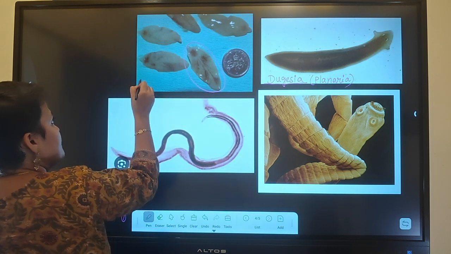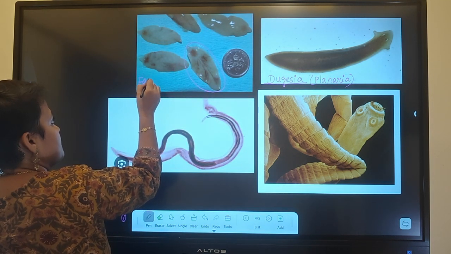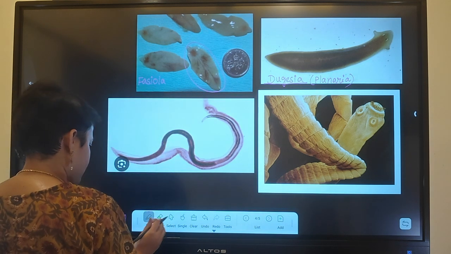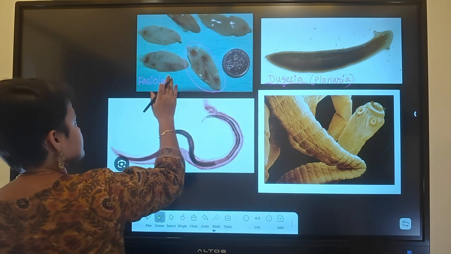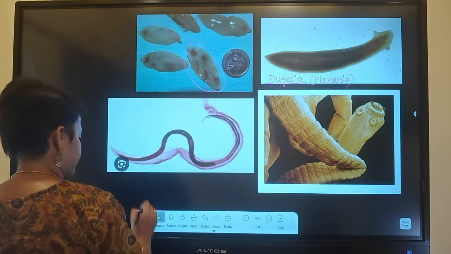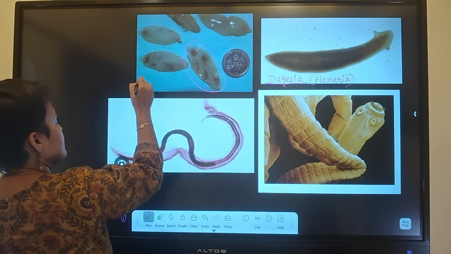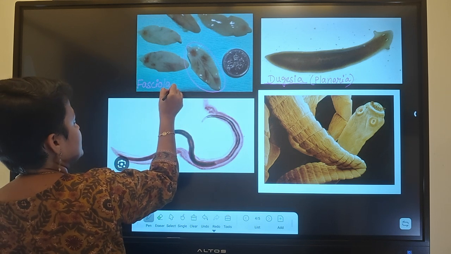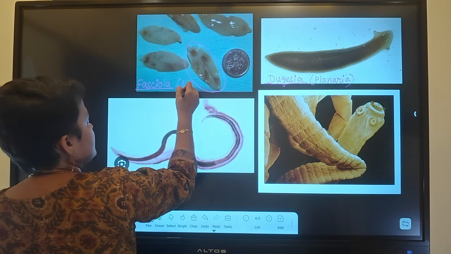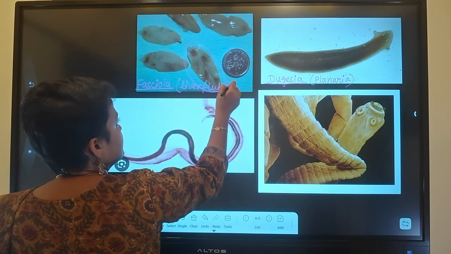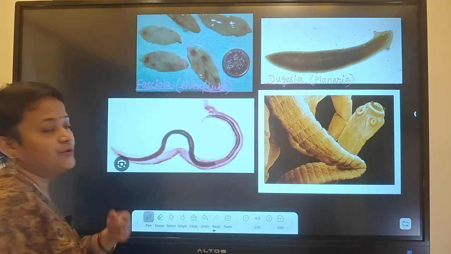So this is called Fasciola. They are called liver fluke. So planarians and the fluke.